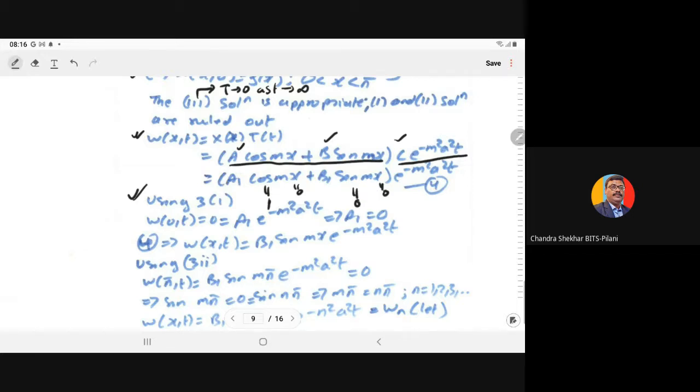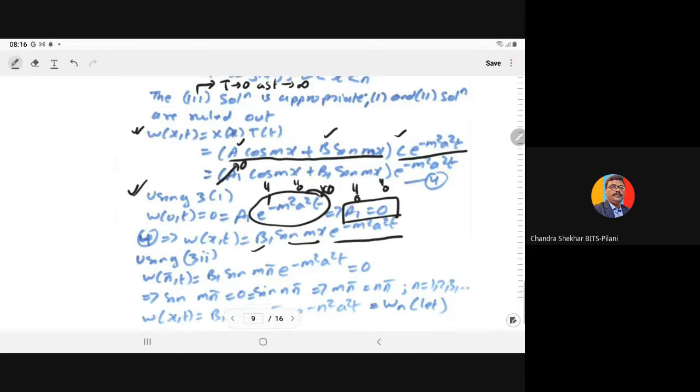So this becomes a1 e to the power minus m square a square t, and this is not equal to 0. So we have to consider that a1 is equal to 0. When a1 is 0, our solution reduces to b1 sin mx e to the power minus m square a square t.